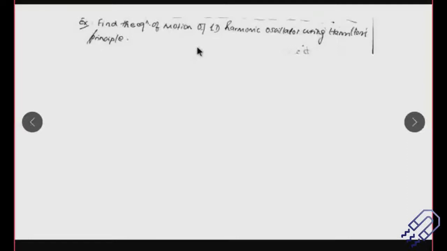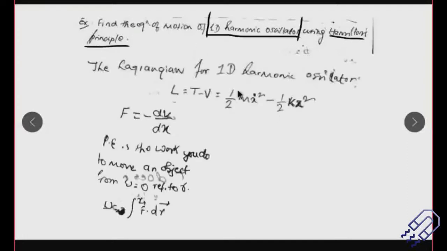And to find the Lagrangian of a harmonic oscillator, we have to go back to the basics again, and we have to know what the kinetic energy is. For a harmonic oscillator, if it is one-dimensional, it will be just half m x dot square, right? And if it also has motion along the y-axis and the z-axis, this term will become x dot square plus y dot square plus z dot square. You can write it down.